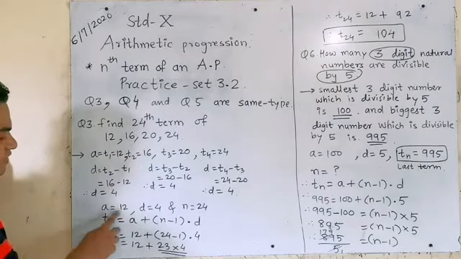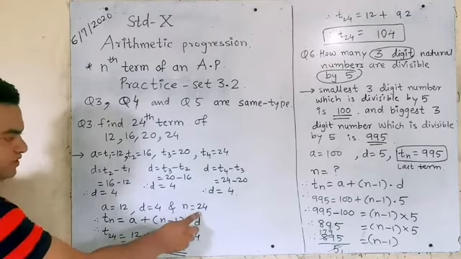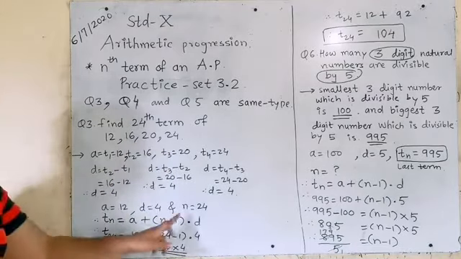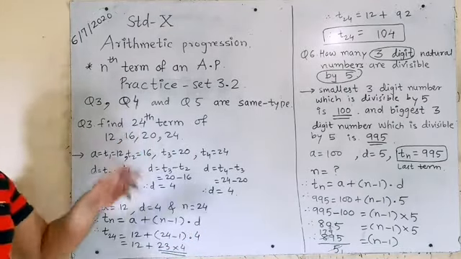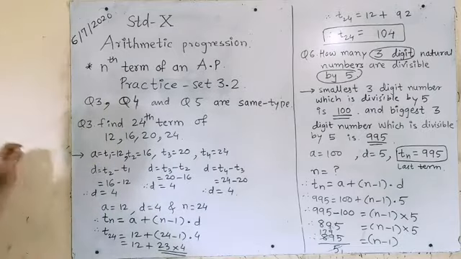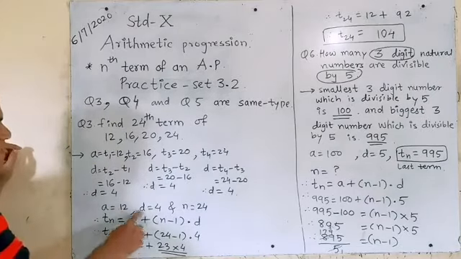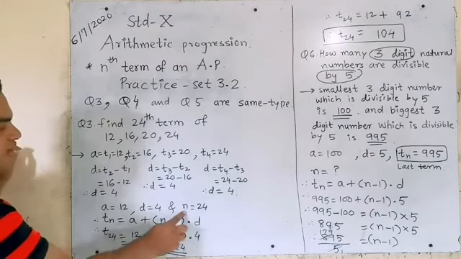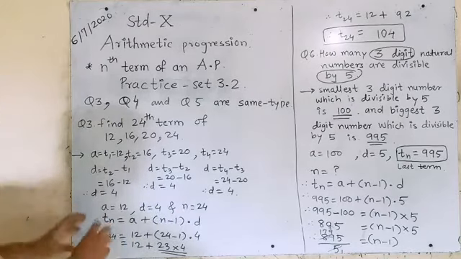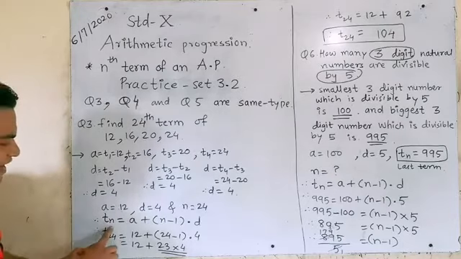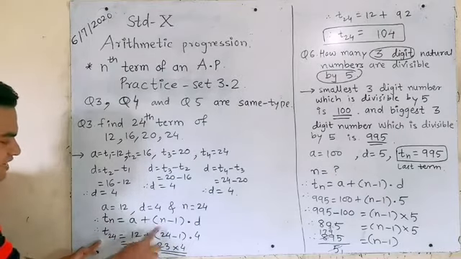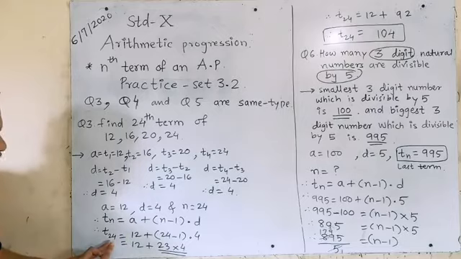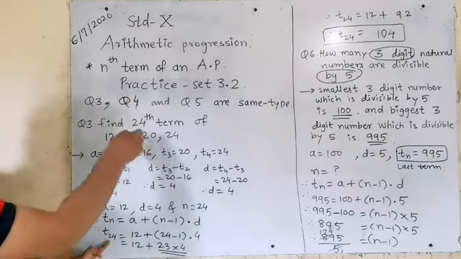A value means T1, which is 12, and the n value is already given in the question: n is equal to 24, because we are finding the 24th term. So A is equal to 12, D is the common difference between each term, which is 4, and n is 24. Wherever you can see n, there I will write 24.